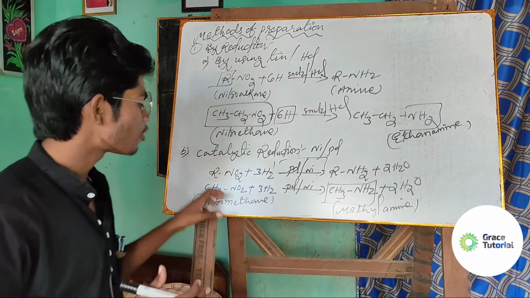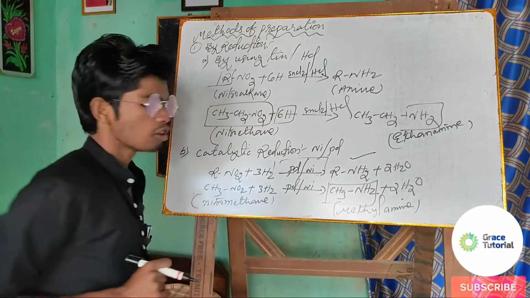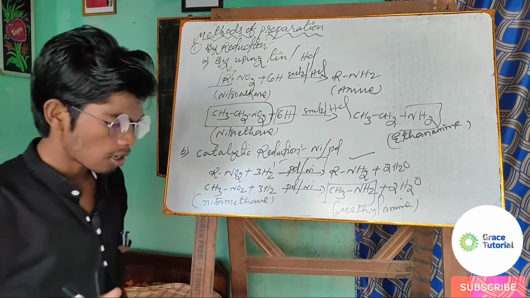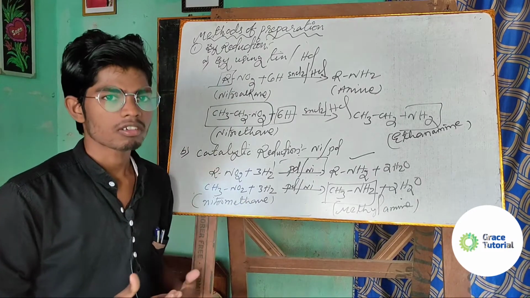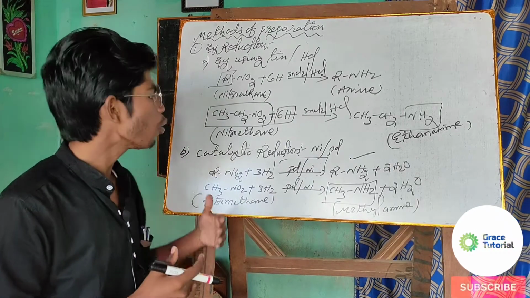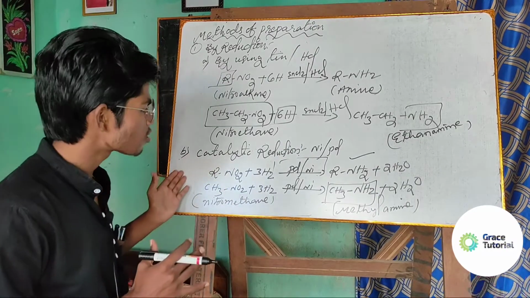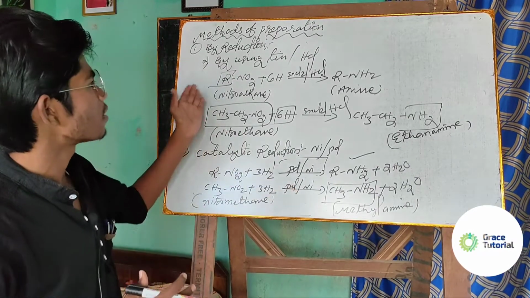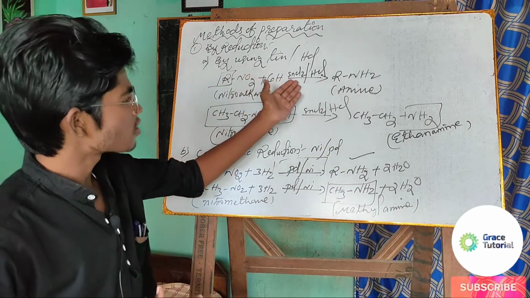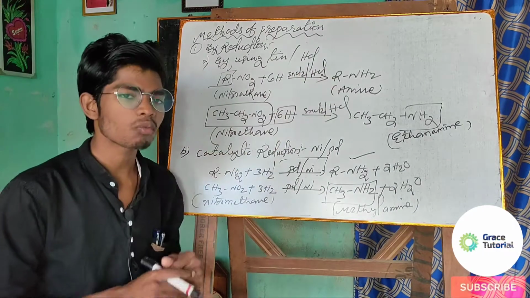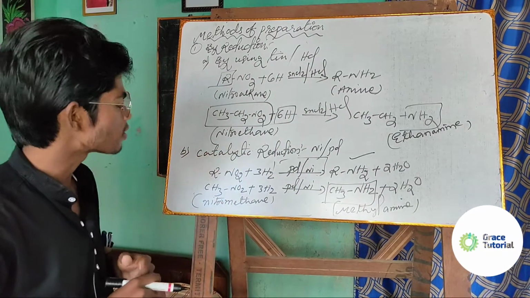Using the catalyst, the reduction has taken place and finally the amines are obtained. So what you need to understand here is how we can prepare the amines using reduction, when the nitroalkanes get reduced in the presence of catalysts or of tin or HCl, and what products are obtained.